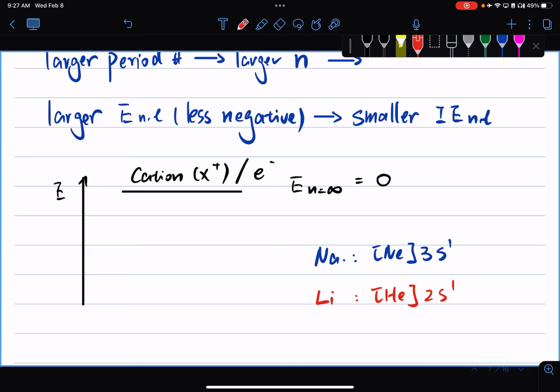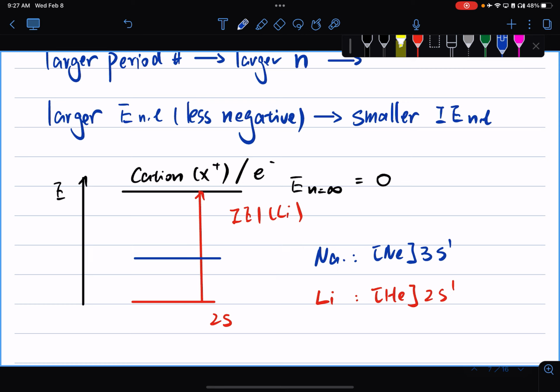Since 2s has a smaller principal quantum number n, you can actually calculate the number. I'm not doing a calculation here, but you might be asked to actually do that calculation in the exam. So the ionization energy of lithium from this 2s atomic orbital is in this red line, and my 3s atomic orbital here, that's a valence electron for sodium, is going to be my blue line.